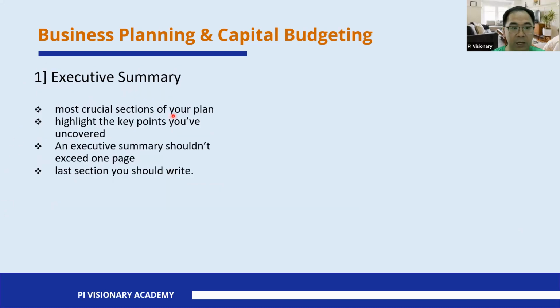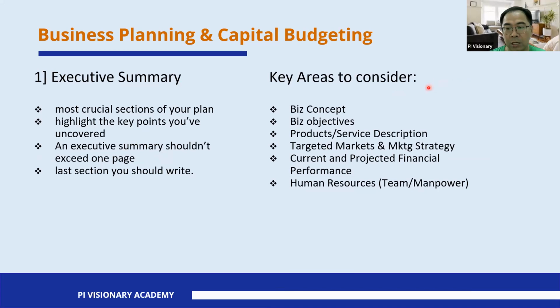The first component is the executive summary. But when you see the summary, it means summary, don't tell the grandmother story. Summary means summary. It's usually only 1 page or 2 pages. So who will prepare the summary?